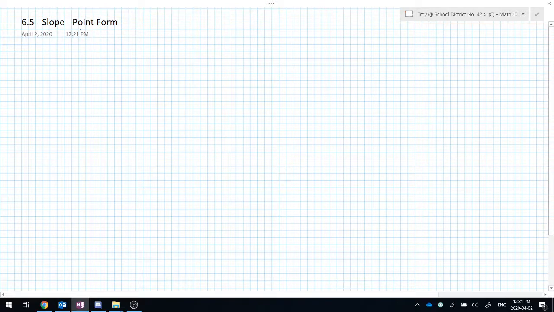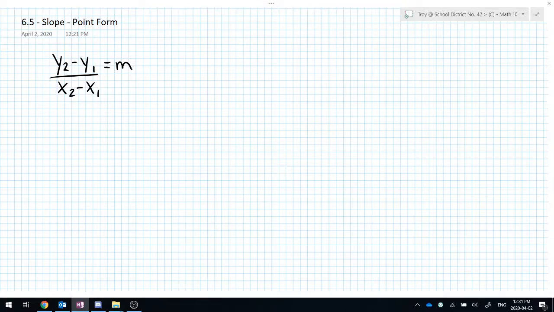Okay, so if we take our formula for slope that we know already, which is y2 minus y1 over x2 minus x1, and that equals m. Remember, m is our slope. If we rearrange this a little bit, we get our new form.